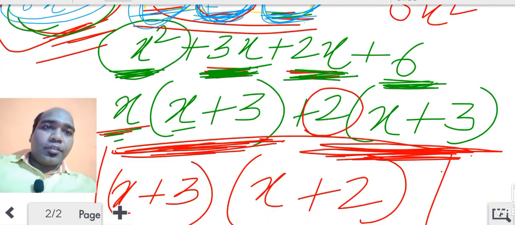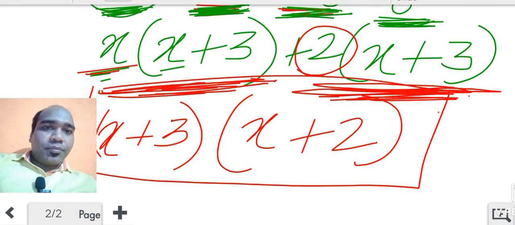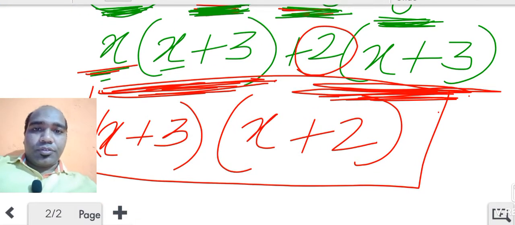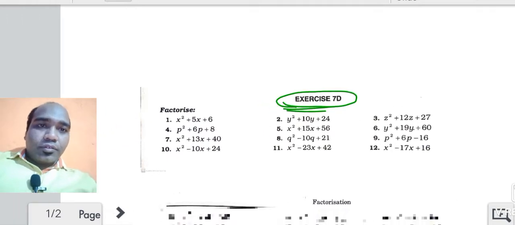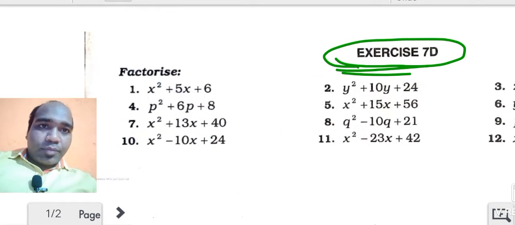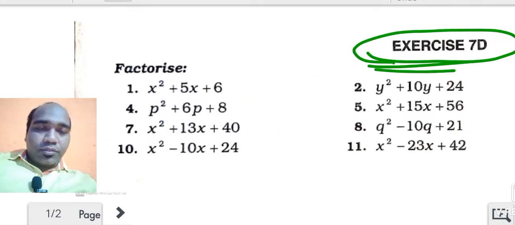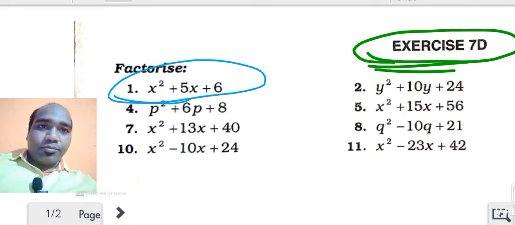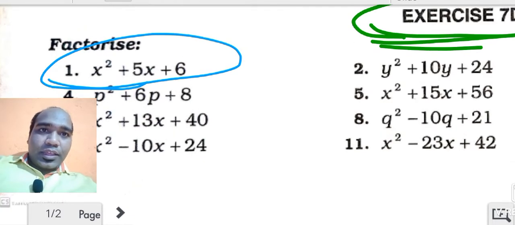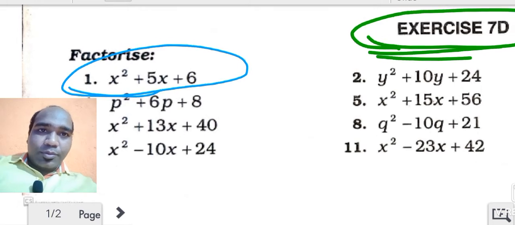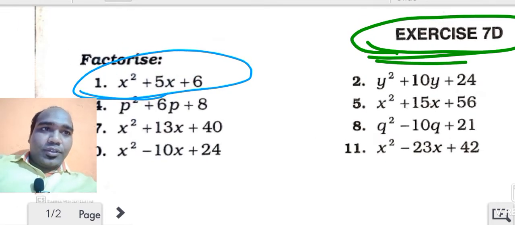Okay, we'll solve another question, then it will be more clear to you. Now just look at your question. I have done question number 1 already. I had taken it from my own, but it is given in the question only.